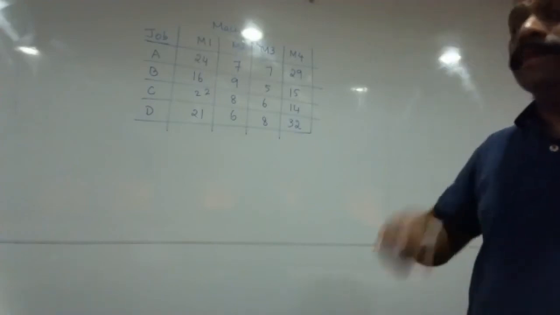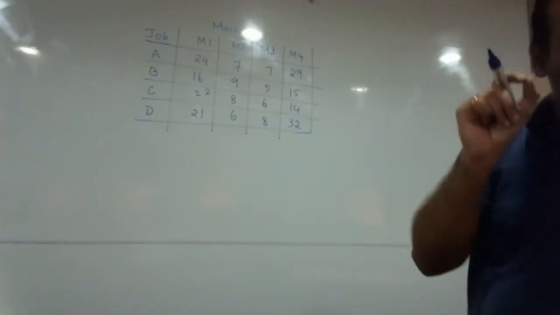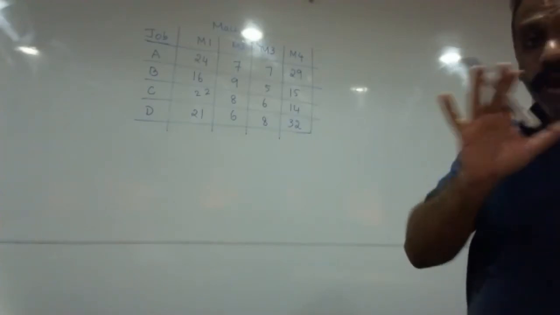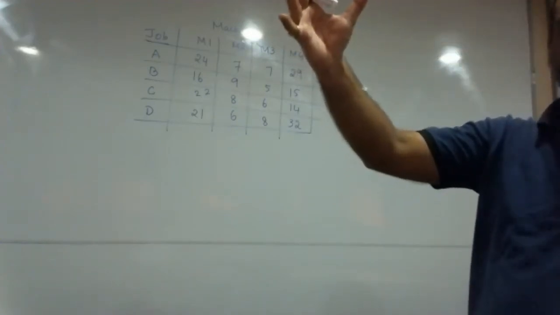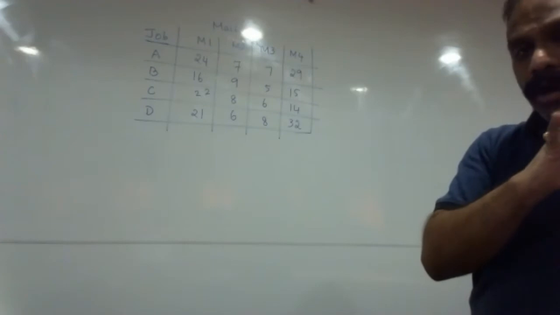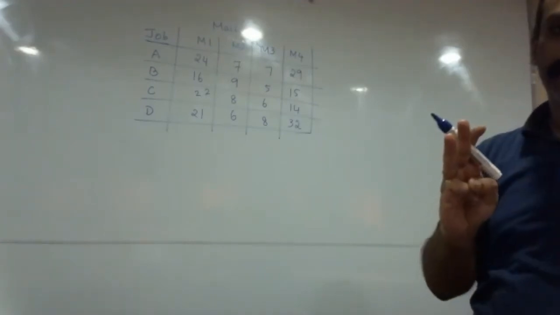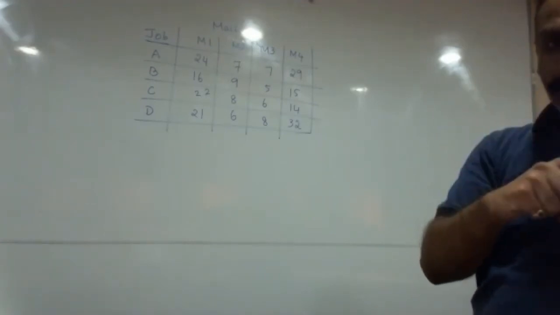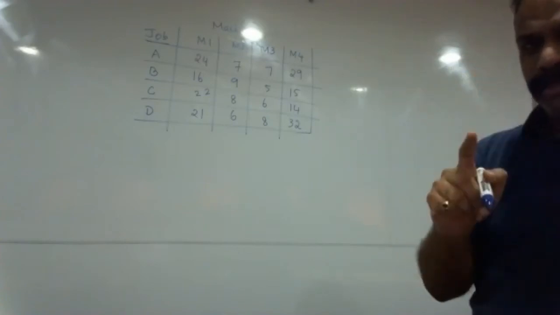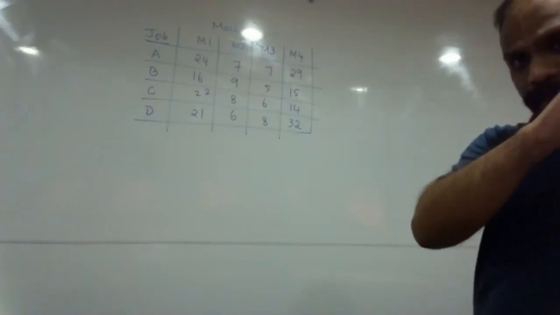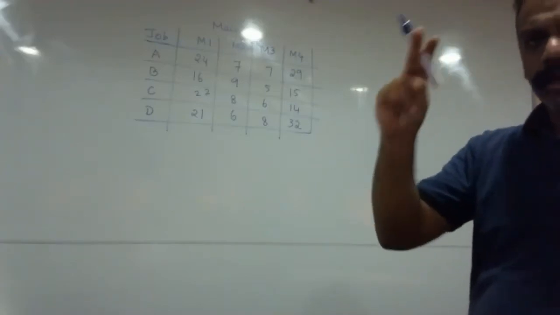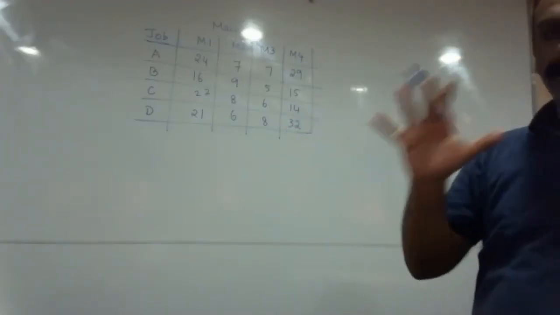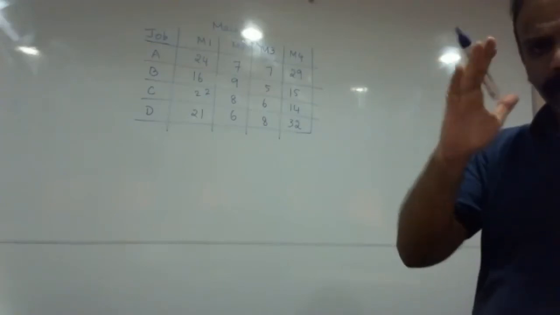But here, as far as multiple machine problems are concerned, we will not be having any questions on different orders. By default, all the problems in case 3. What is case 3? N jobs, K machines. In that particular case, it will go in one particular order. If there are 4 machines M1, M2, M3, M4, same order. If there are 4 machines ABCD, under ABCD.